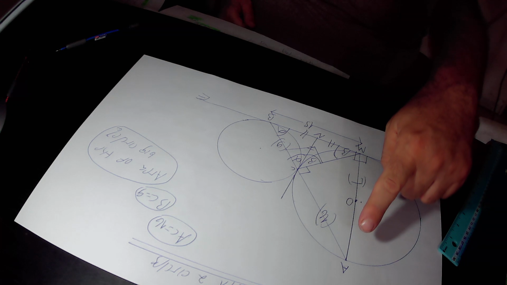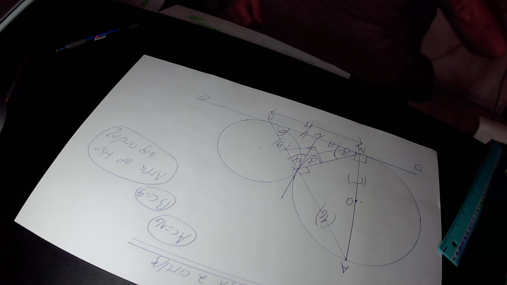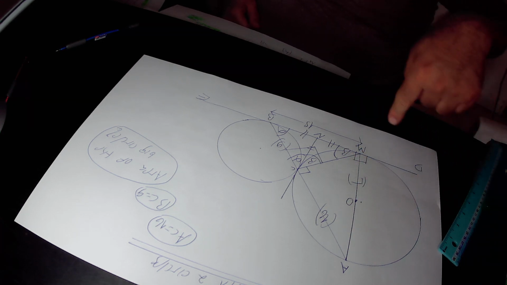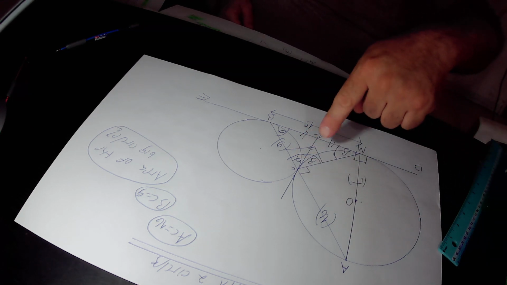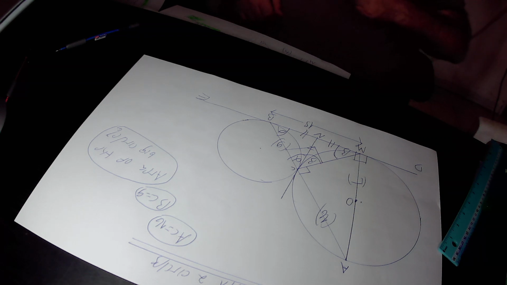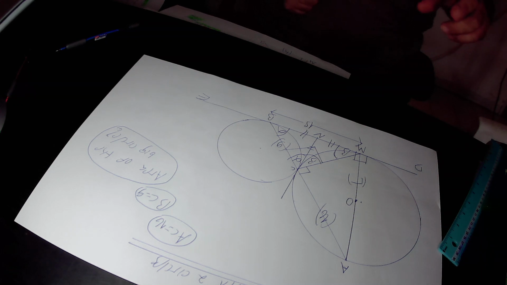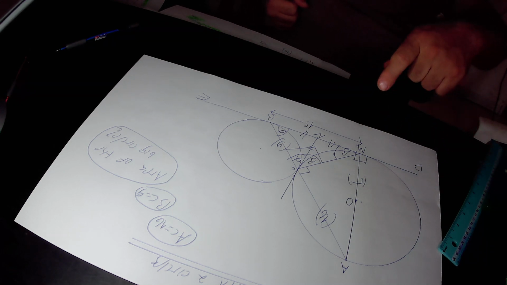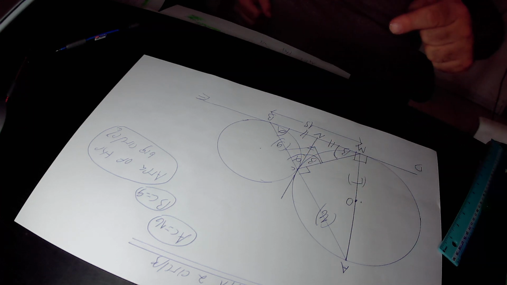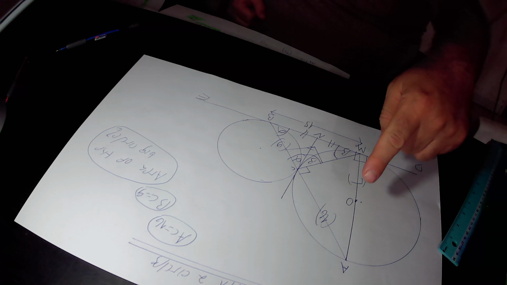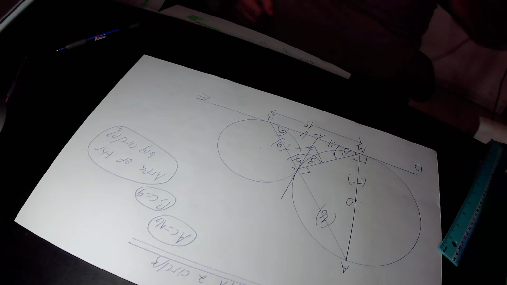In the next step, we join points A and M together by a straight line, and we focus on this big circle. Inside this big circle, we have peripheral angle ACM. Peripheral angle ACM equals 90 degrees in its size. And according to rule 5, any peripheral angle that is equal to 90 degrees in its size must subtend the diameter of the circle. And this is peripheral angle ACM, that is the right angle, and therefore according to rule 5, it must subtend the diameter of the circle.